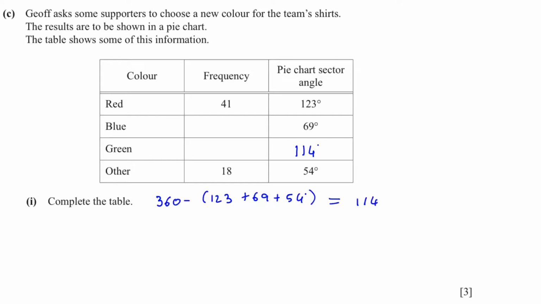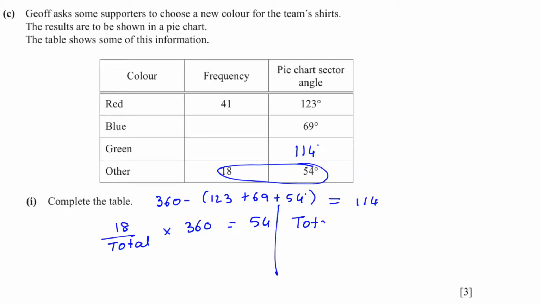Now to find the frequency of blue and green, we have to first find the total number of frequency. To find that, choose one point. I'm choosing these numbers. Therefore, 18 over the total multiplied by 360 will give us 54.